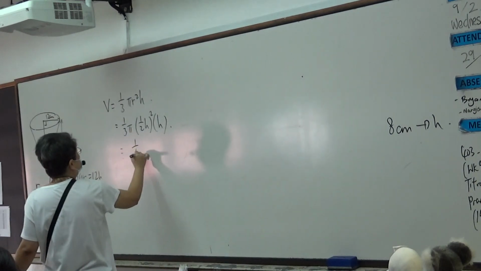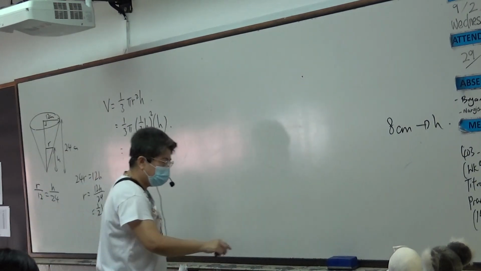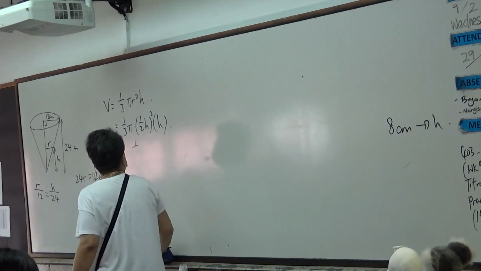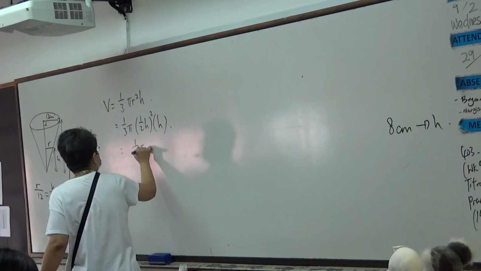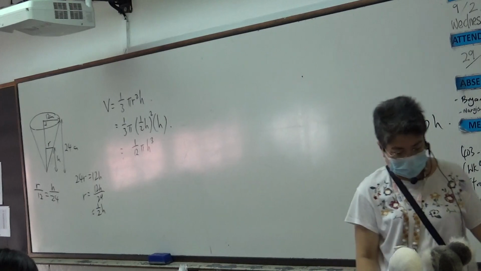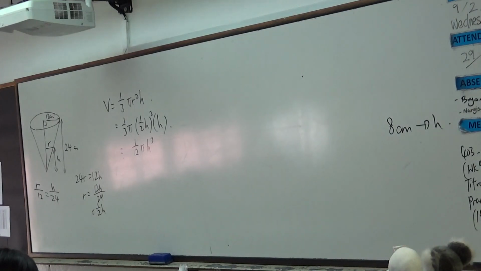This is not 1 over 6, it's 1 over 12, because of the square, right? V = 1/12 pi h cubed, right? Did I make a mistake? No, it's correct, right? 1 over 12 pi h cubed. Everybody okay?